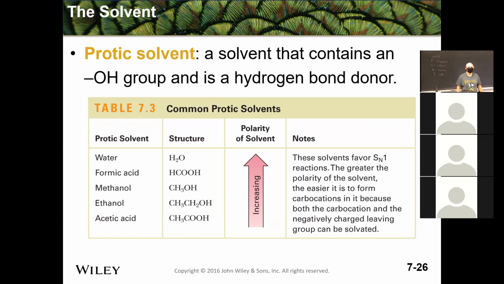What that means is that the halide's going to leave, leaving an ion pair, and then both those ions are going to be separated and surrounded by solvent molecules, which means they're solvated. And that decreases the rate by which they'll come back together.